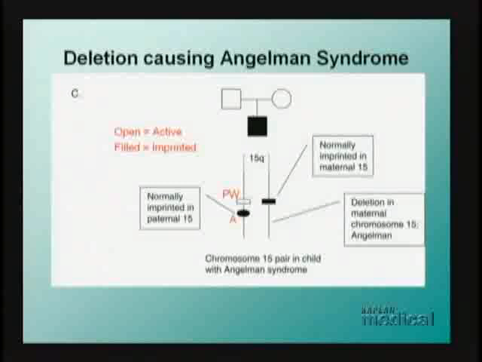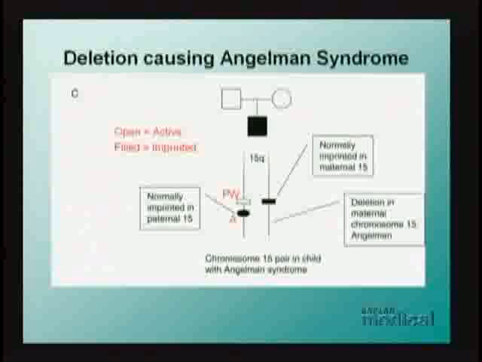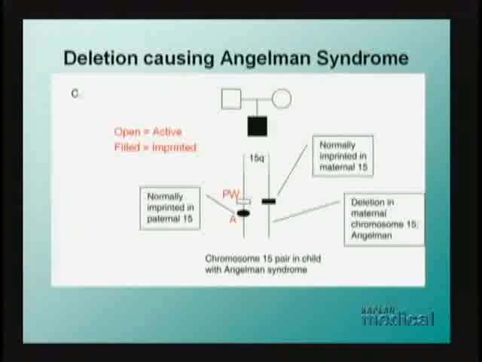The next diagram illustrates how Angelman syndrome could appear. What is indicated in this diagram is that the copy of chromosome 15 coming from the mother has a deletion that has removed the active normal Angelman gene. The copy of chromosome 15 coming from the father is still there.